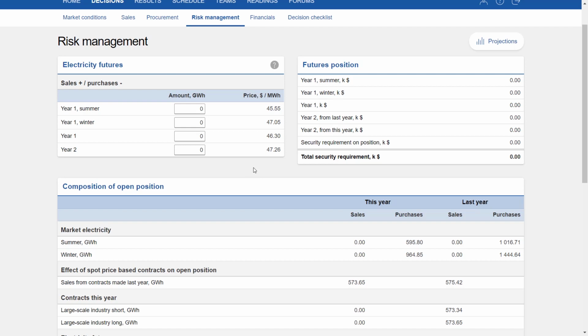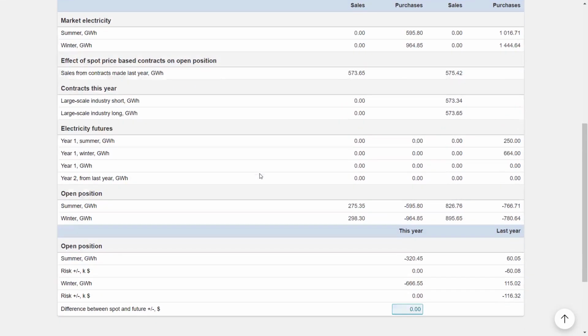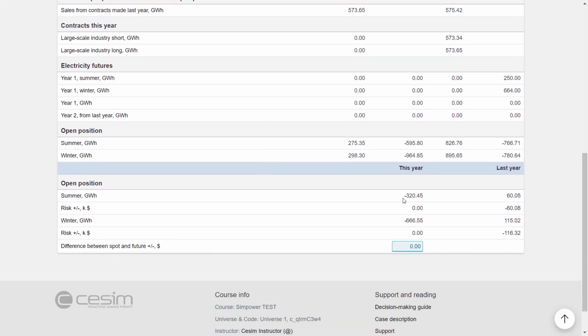Now if we scroll down this page, we can see that our current position during the summer is 320 gigawatt hours negative. So basically this means that we are buying from the spot market. If we are buying from the spot market, it means that if the spot price goes higher compared to the current situation, then we lose.